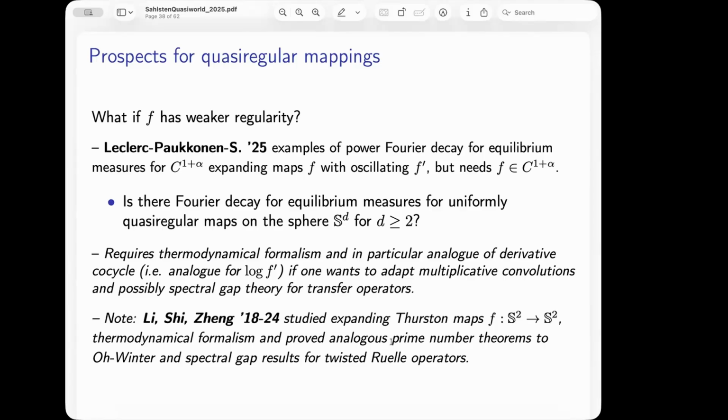But the problem there, if I understood correctly, and there are people in the audience who know much more about this, is that the limit set is everything, so there's no fractal. In high dimension, with UQR maps of dimension at least 3, you could maybe have actual fractal measures, and you could try to generalize some of these ideas. That would be one avenue to attack this problem.